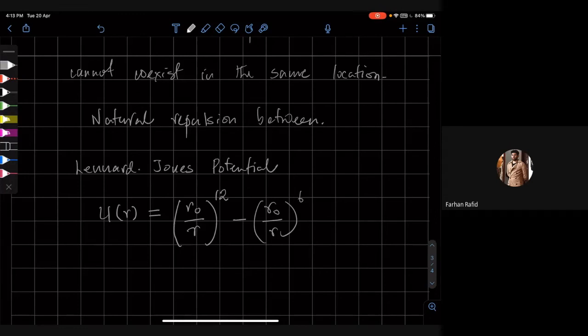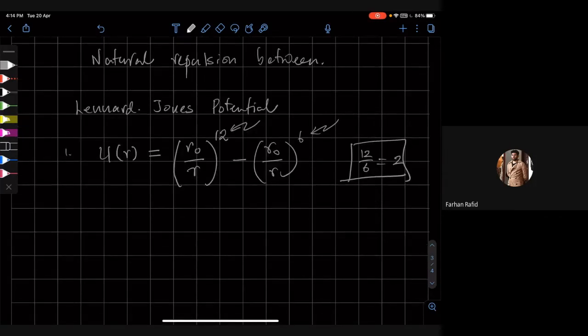What matters is this exponent, which is motivated by the consideration of the electric dipole. But here, this 12 is chosen so that when you're doing the mathematics, because 12 over 6 is a nice number, it works out. So that's used often, but we are not going to use that.